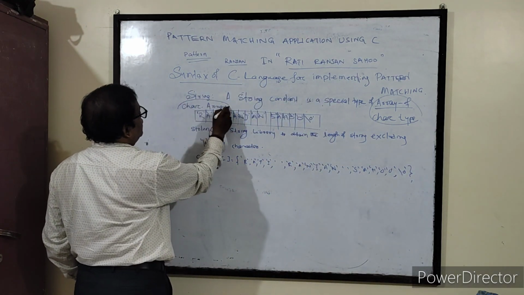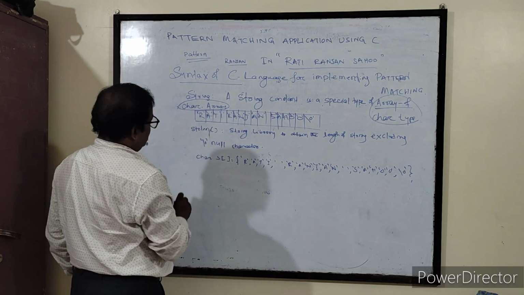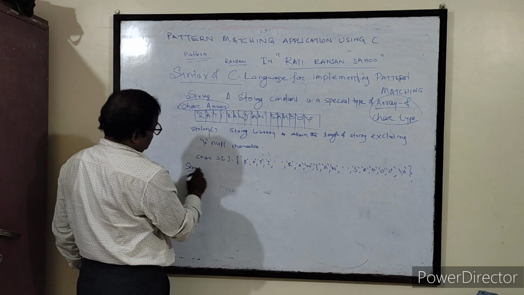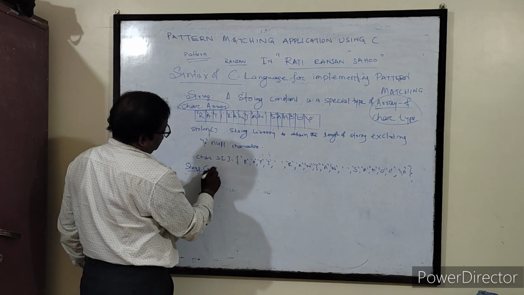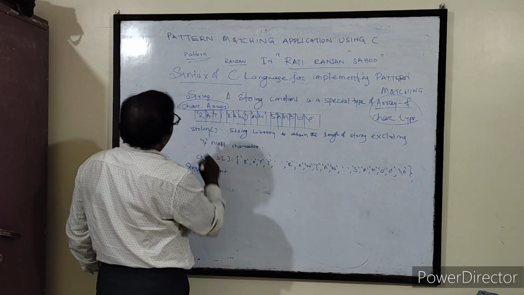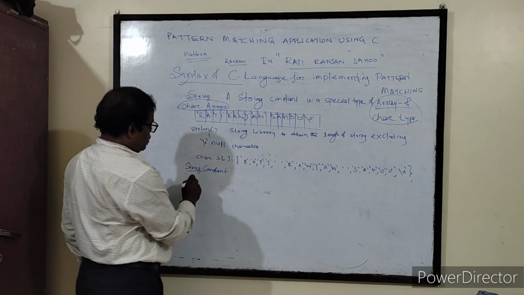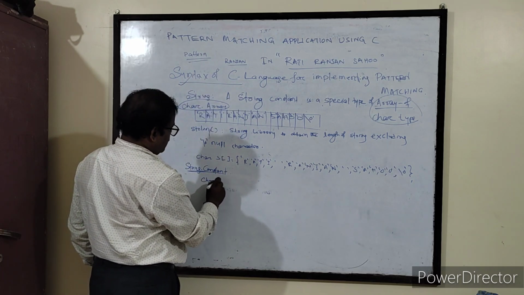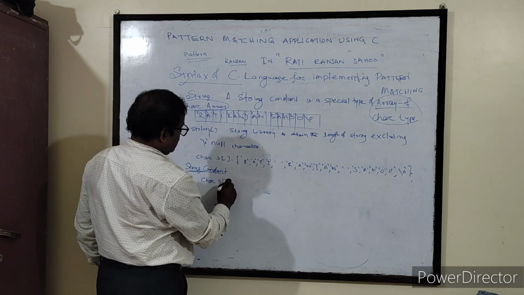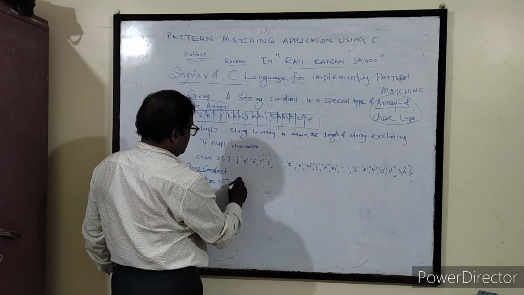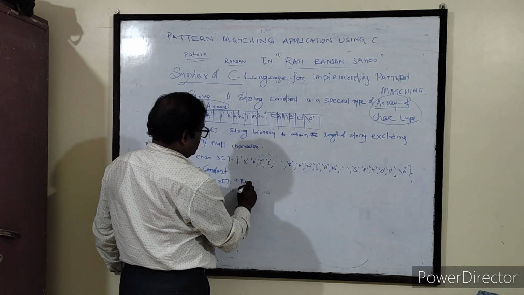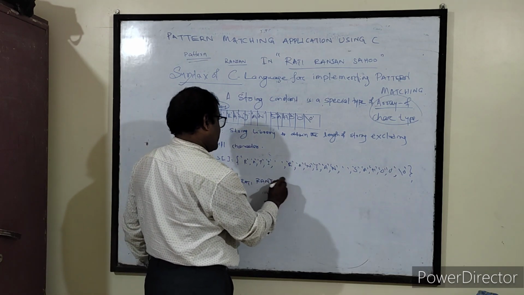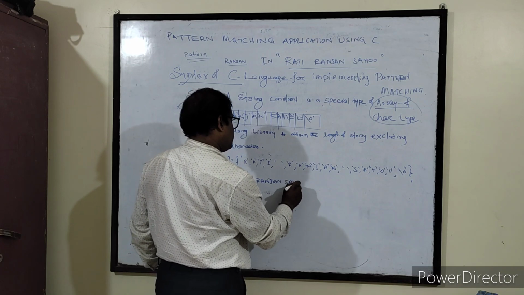Which array? Character array. But string constant, we are talking about the syntax. Okay, a string constant will be written like this. So I will write here Rati Ranjan, okay, and Sahu.